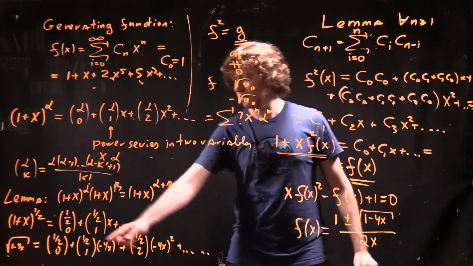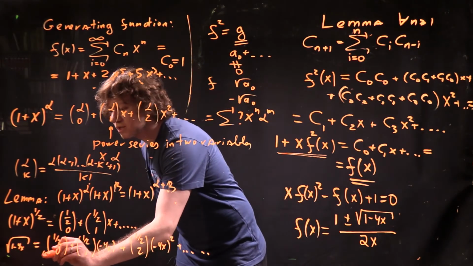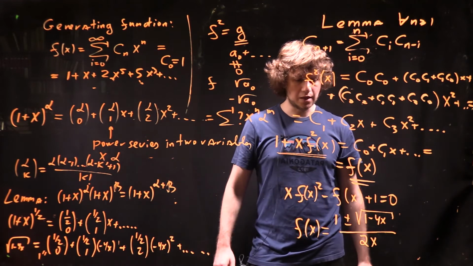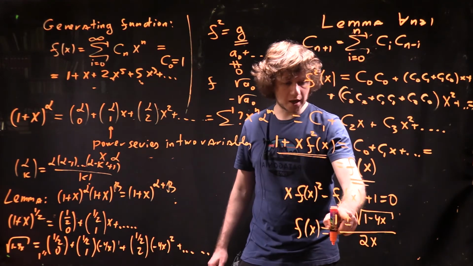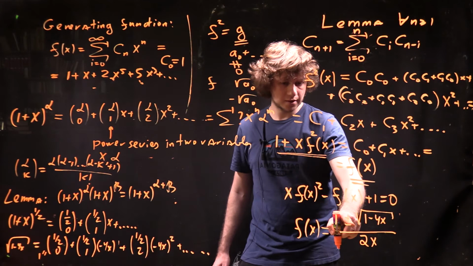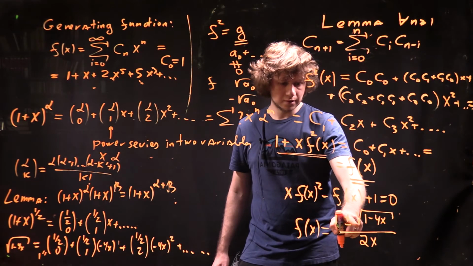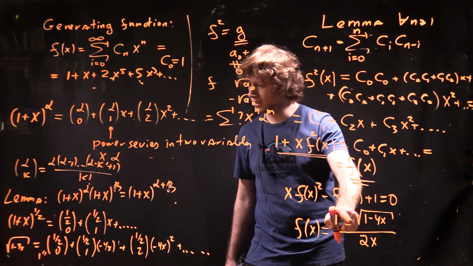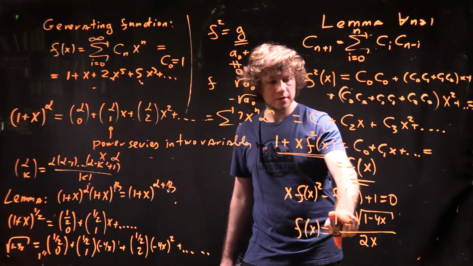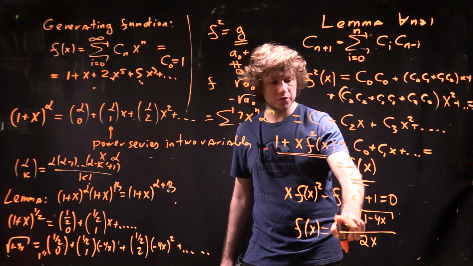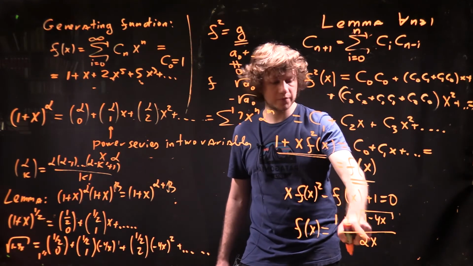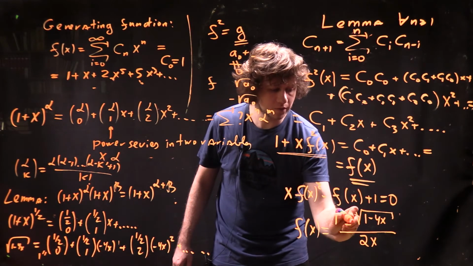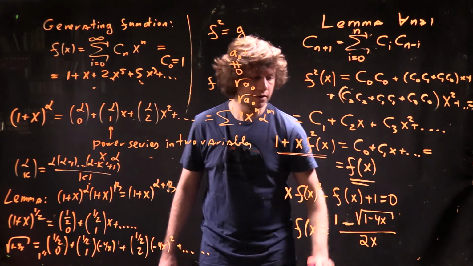And this one starts with 1, so this is the choice of a square root which starts with 1. Oh, sorry, and here I have to take the minus sign, because if I take plus, then I will not be able to divide by x. So sorry, this is minus.